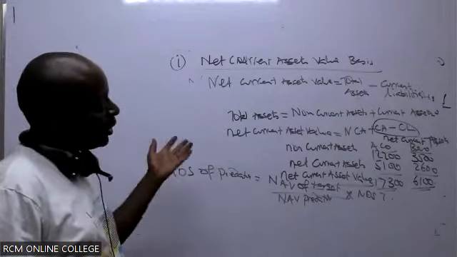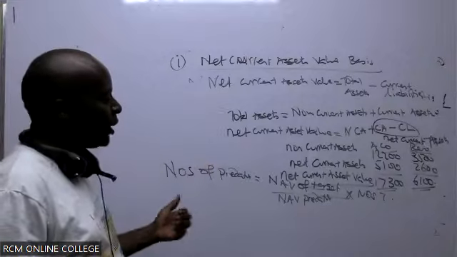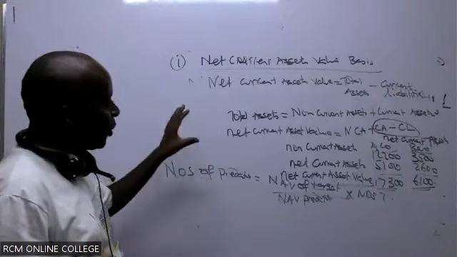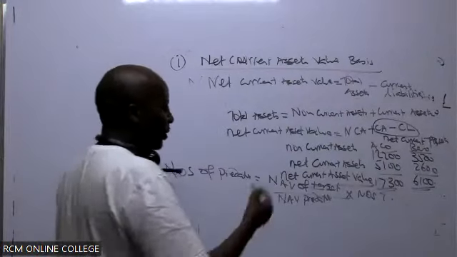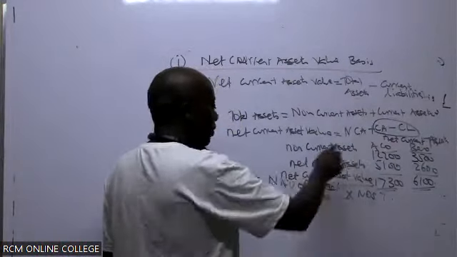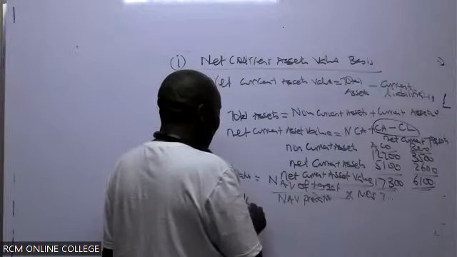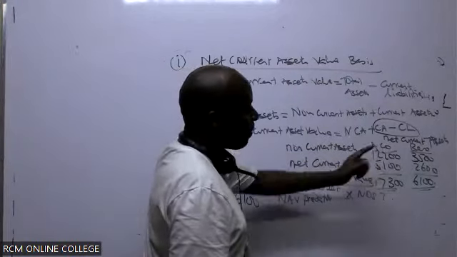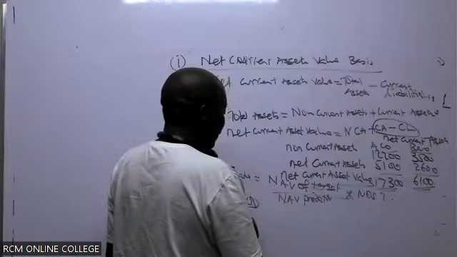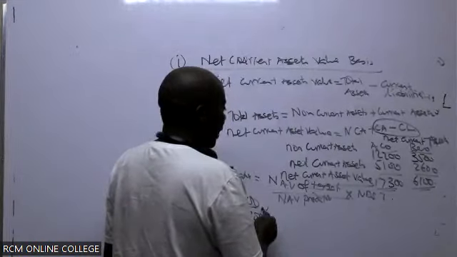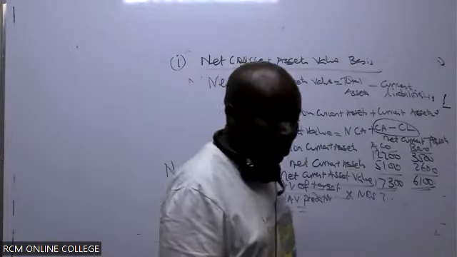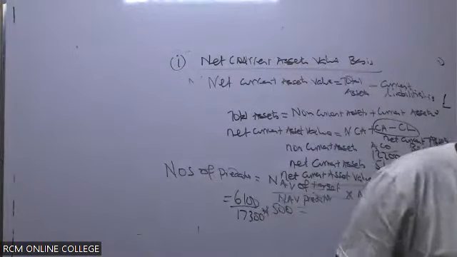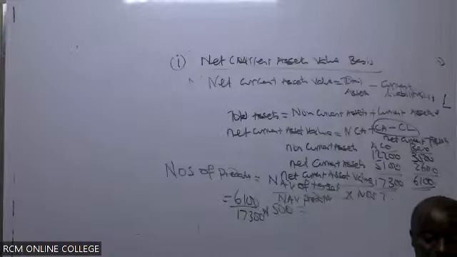When I repeat this concept, it will become clearer, and I'll explain why you need to use both methods in an exam. So our net asset value using this is 6,100 for Bero, the target, over 17,300, times the 500 shares of the target company. So what are we able to get, ladies and gentlemen?